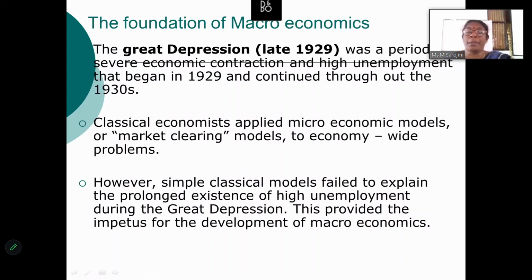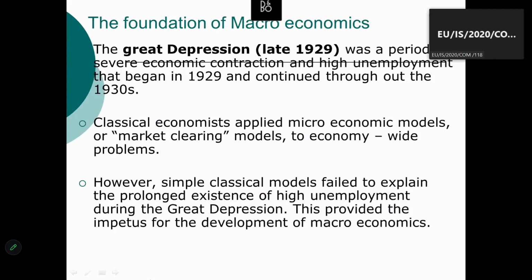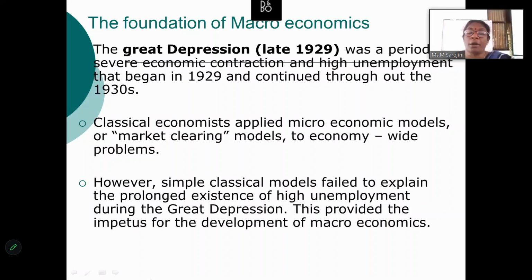Therefore, classical economics applied microeconomic models to overcome this problem, right? But simple classical models failed to explain the prolonged existence of high unemployment during the Great Depression. It was very difficult. Economists faced difficulties solving the severe economic contraction and high unemployment problem using microeconomic models.